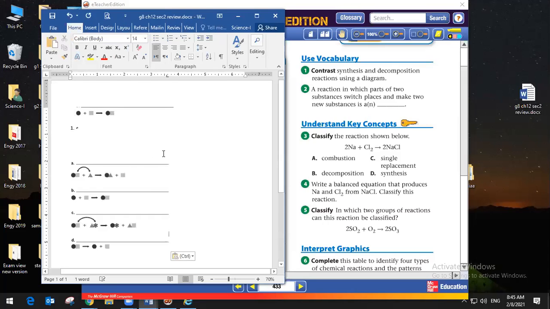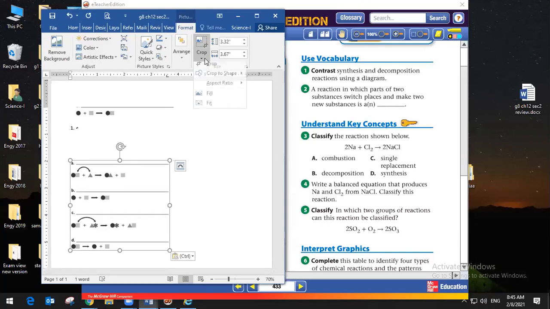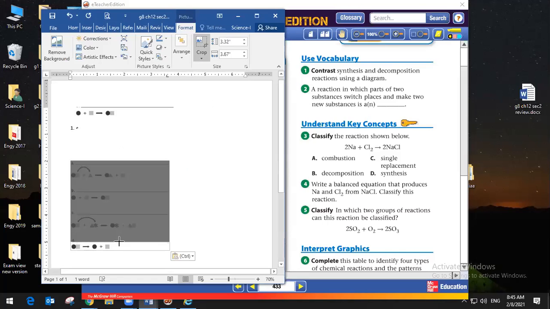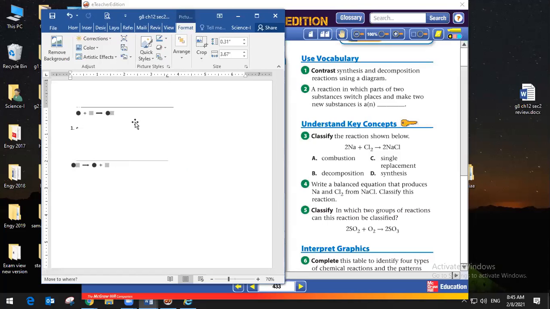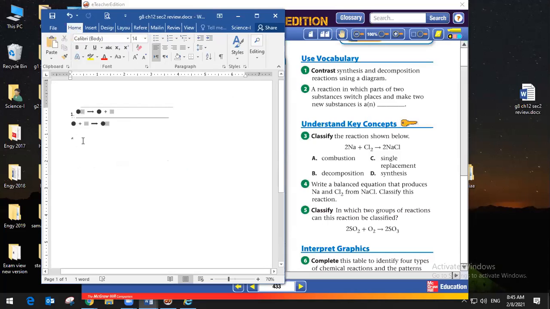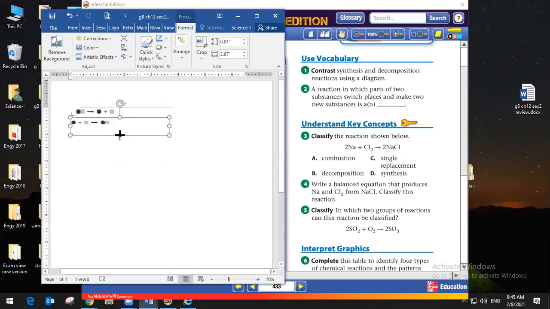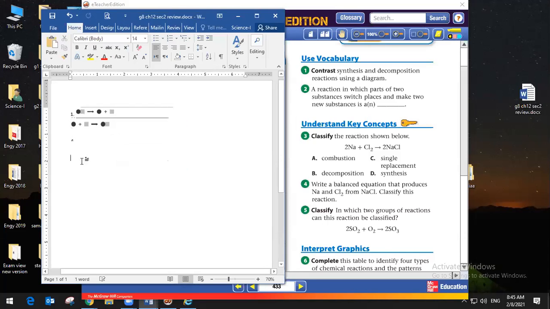Here, and that's how we're going to make a decomposition look like this. So any hard question here, guys? Okay, so let's pass to question number 2.